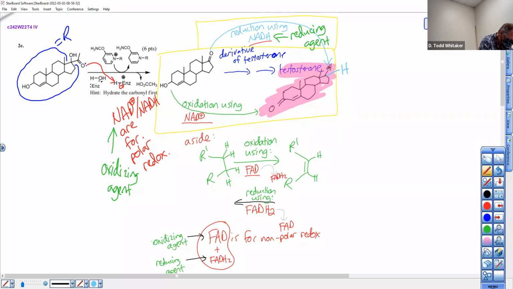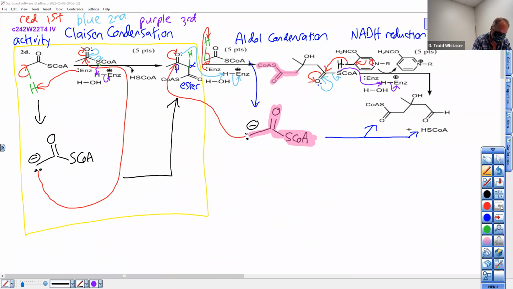Oh, don't have my color scheme. There we go. And then we're going to neutralize the oxonium with our enzyme. You're not going to neutralize the water. Water's already neutral. Color scheme, maybe I can copy it from up here if I'm lucky.